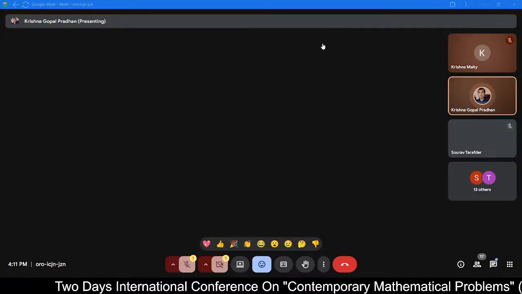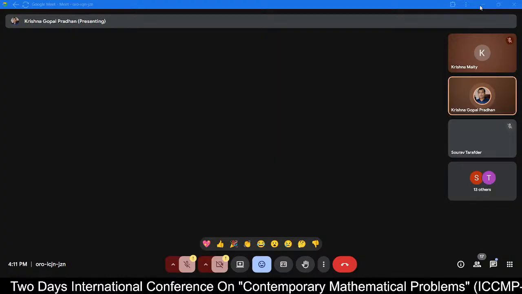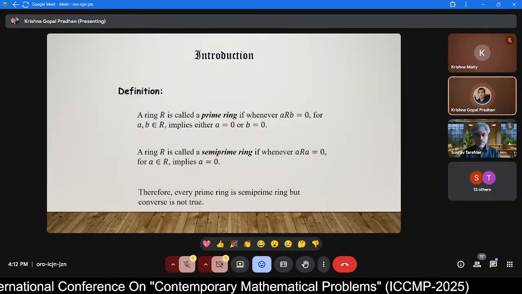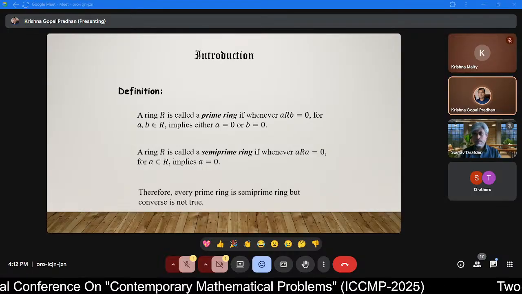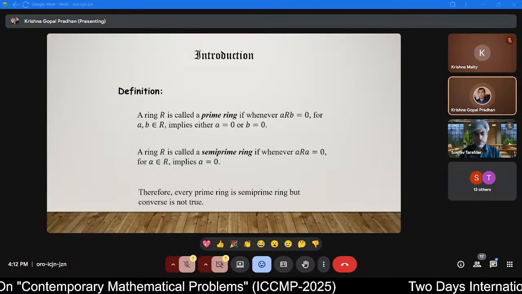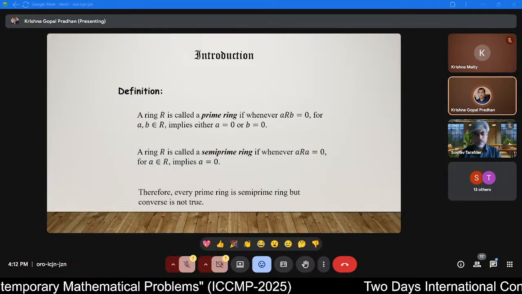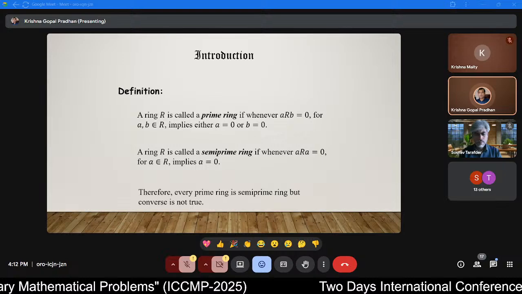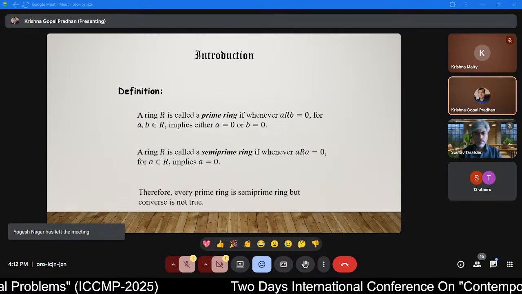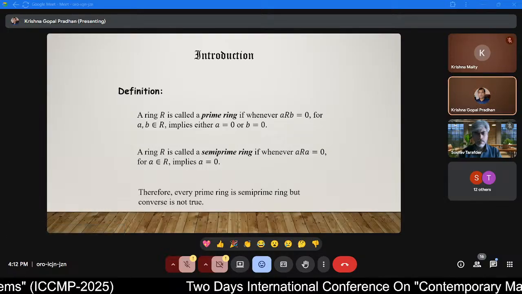This is the definition of prime ring, and then we generalize this class of rings like this. A ring R is called a semi-prime ring if whenever aRa equals 0 for a belongs to R, it implies a equals 0. So by definition, we can conclude that every prime ring is a semi-prime ring, but the converse is not true.